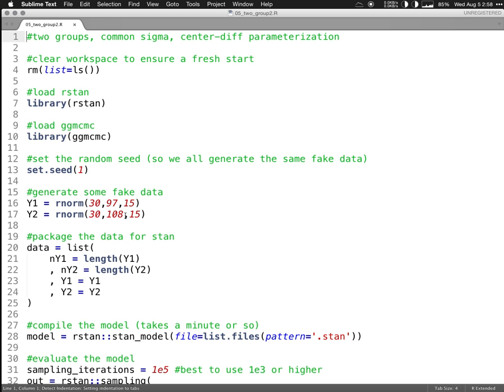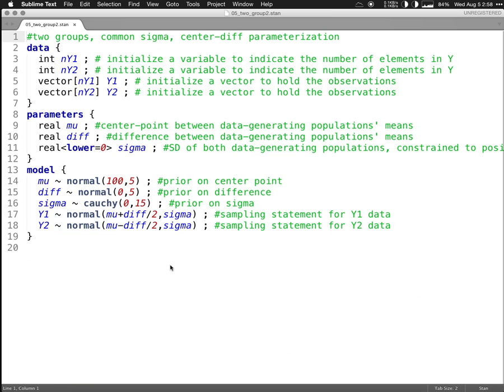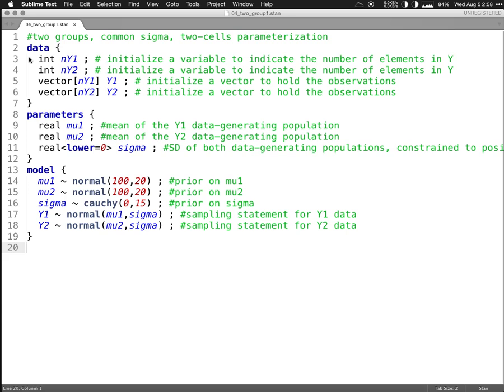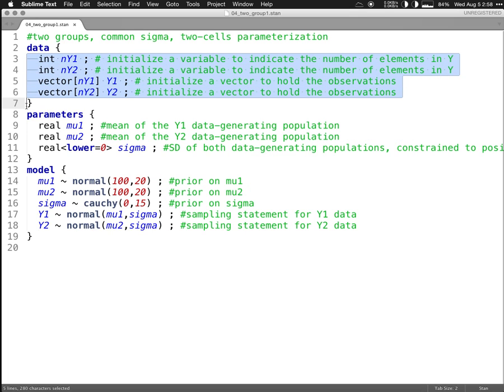So we're doing 2 distributions, and we submit the data in the same way. If I compare, let's close the R file and just toggle between these two, the data block in the new one is the same as in the old one, specifying what data is coming in.